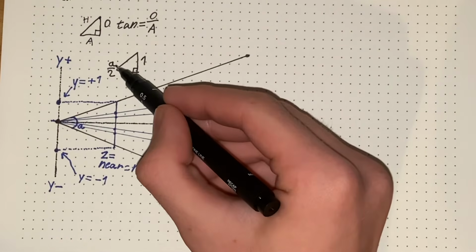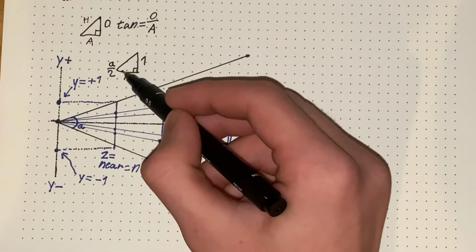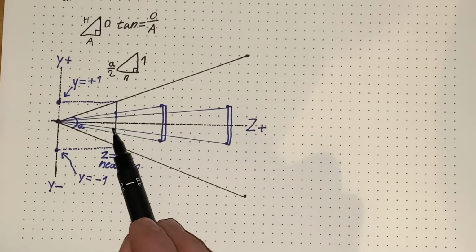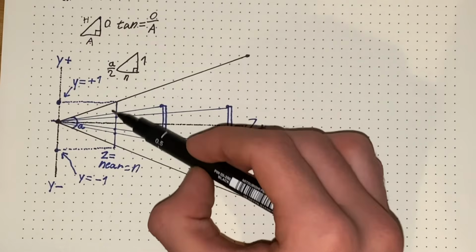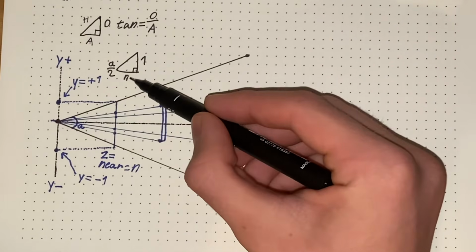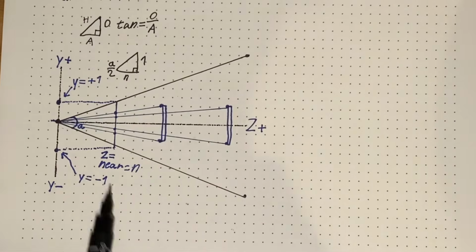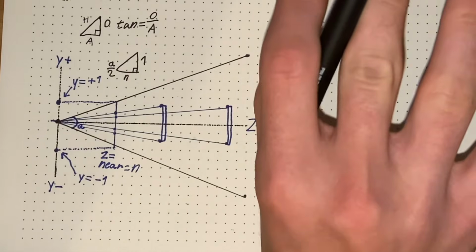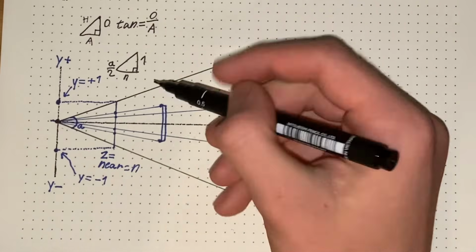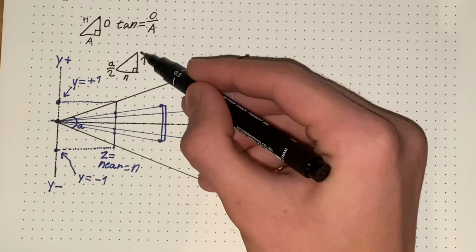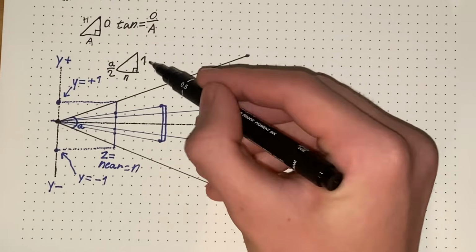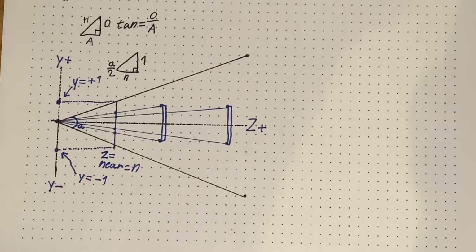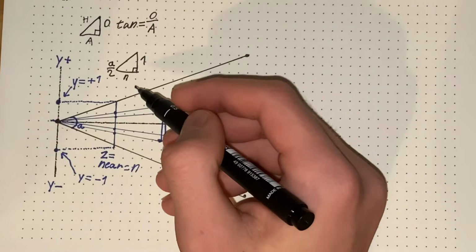We know that the angle is our A value divided by 2, because we took half of this to get a right triangle. Then we know the length of the adjacent, which is the near value, or how far away our screen is from our camera. Then we know the height of the opposite, which is 1, because that's how our relative screen space works. So we know all these things.